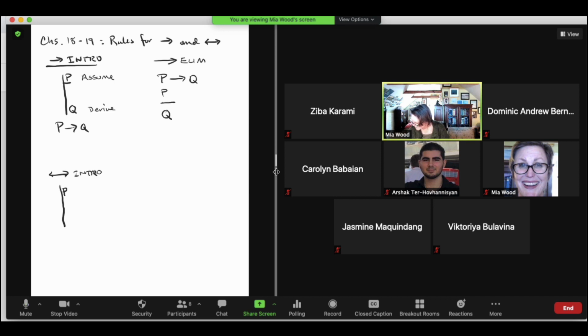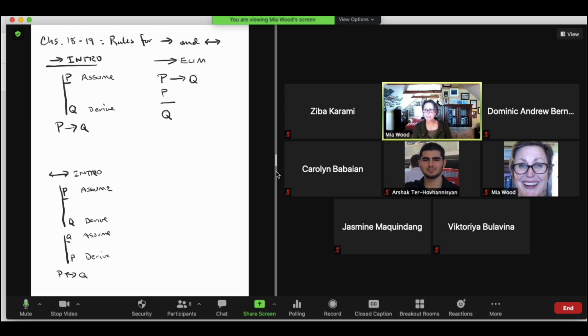So assume P, derive Q, assume Q, derive P, exit the subproof, and conclude P if and only if Q. So assume, derive, assume, derive.